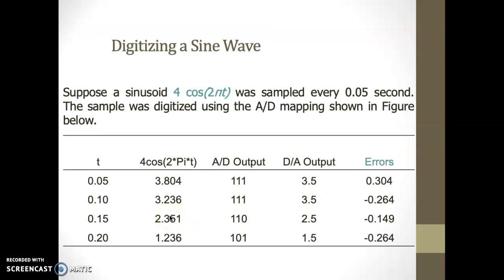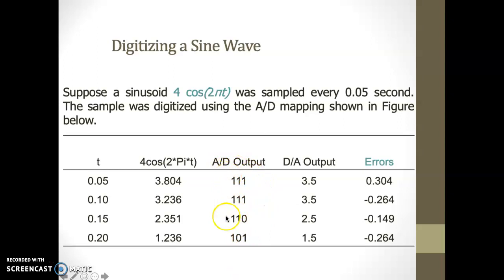It can be shown here. Suppose you have a sinusoid, cos 2 pi t, sampled every 0.5 second. The samples were digitized using the AD mapping shown in the figure below. This is the input t. Once you apply it on the sinusoid, this will be the output. Once you do the encode, where you transform the analog to digital, this will be the output.